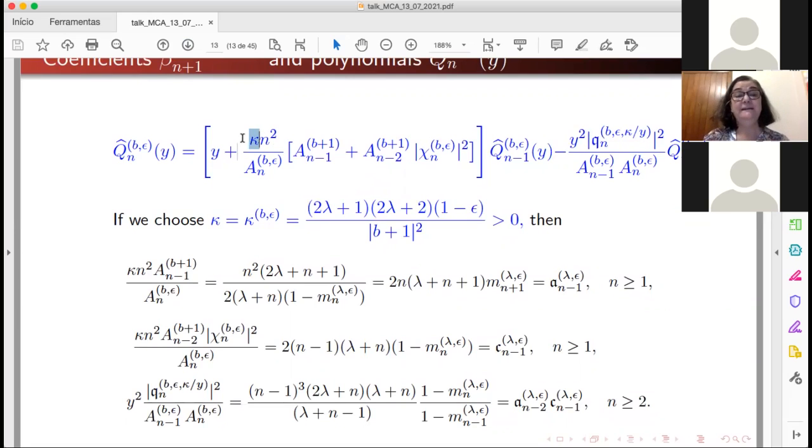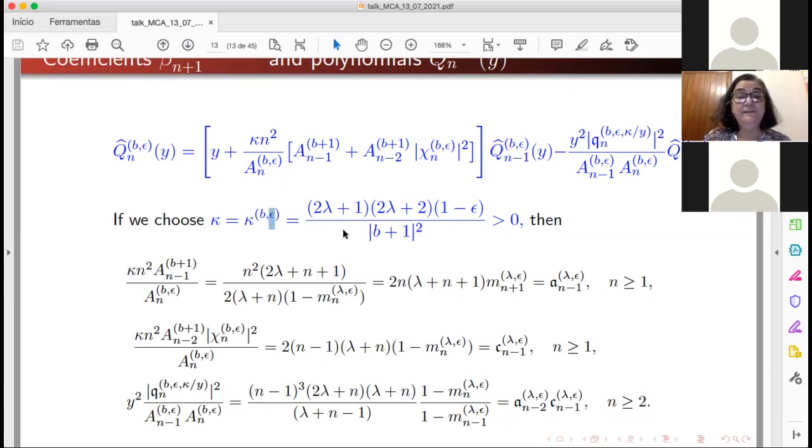So now, just making this definition, we have this three-term recurrence relation. Remember that we have to decide who is kappa. If we make this choice for kappa, it depends on lambda and eta, and also epsilon, and actually this is positive.